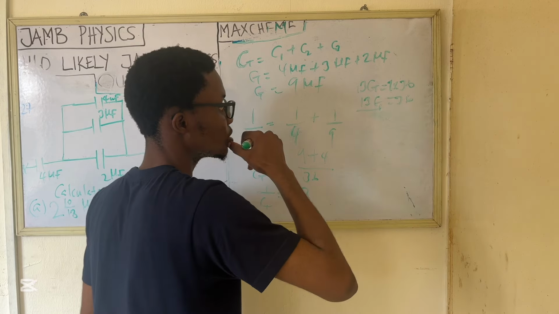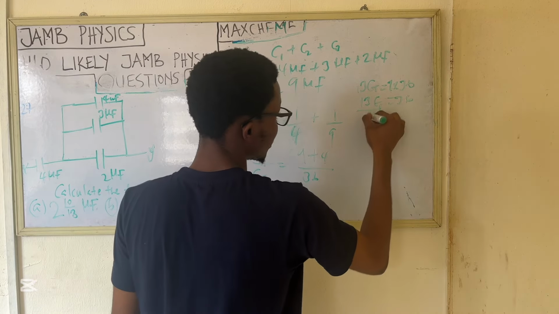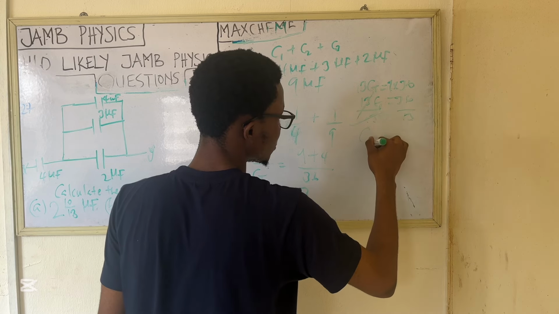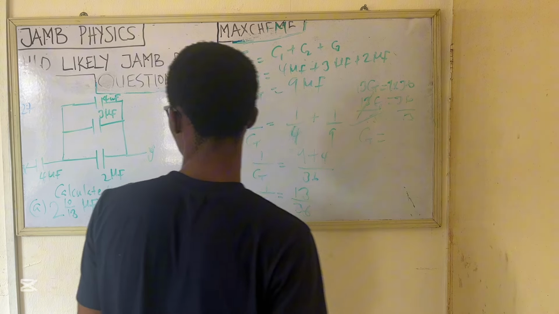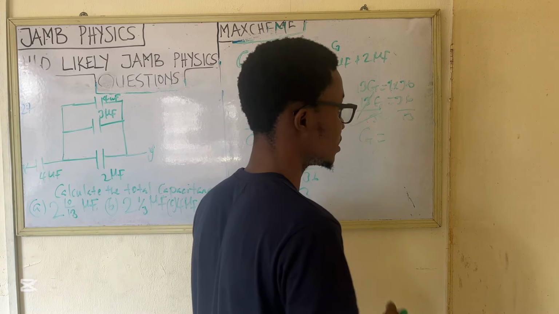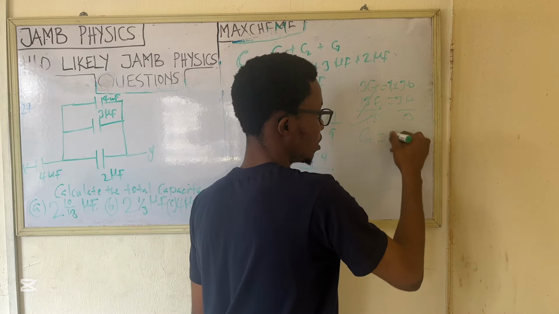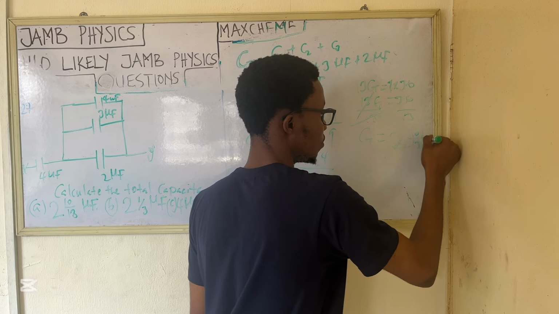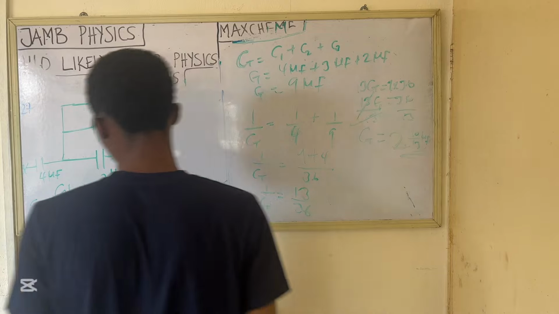Divide both sides by 13. So we now have CT, which is the total capacitance of this capacitor, that will be 36/13. That is 2 and 10/13 microfarad. That is the total capacitance.